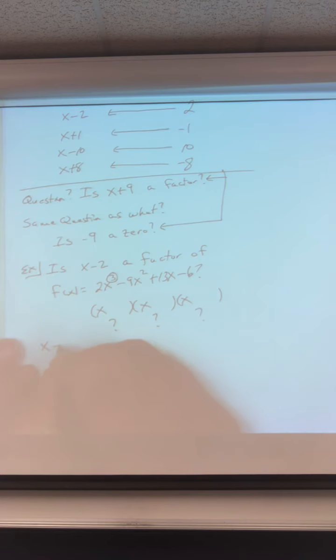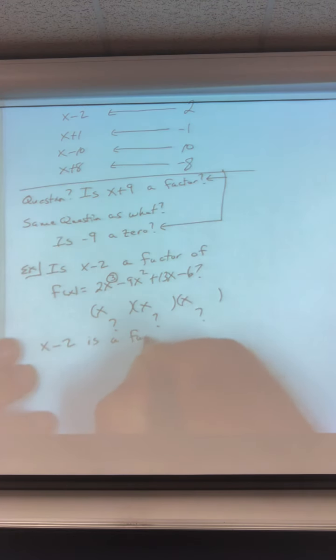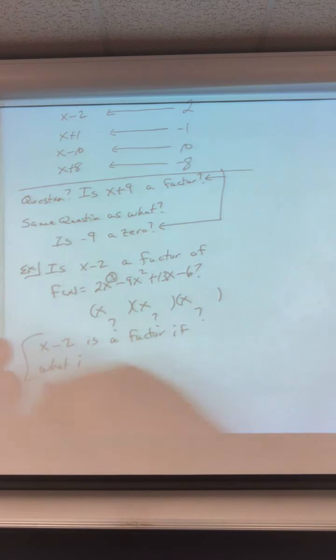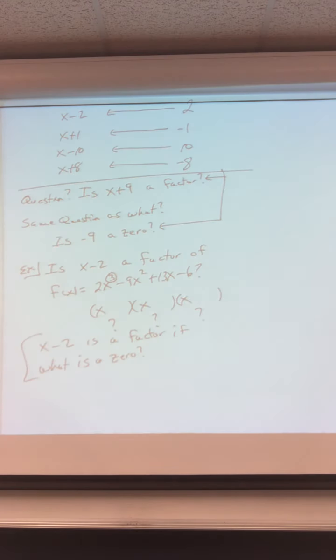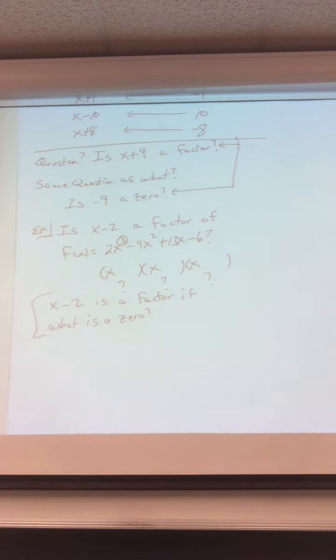X minus 2 is a factor if what is a 0? X minus 2 is a factor if what is a 0? Now, let me flip back to the previous page.